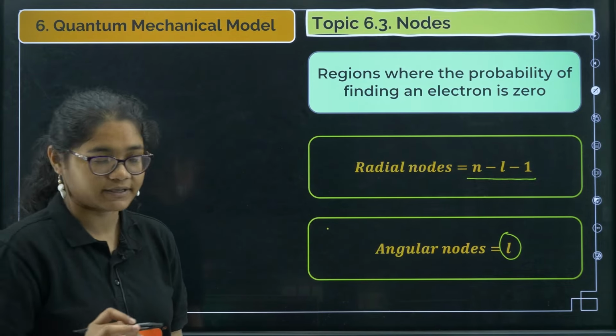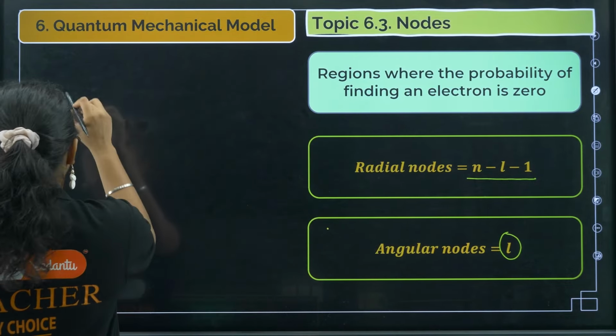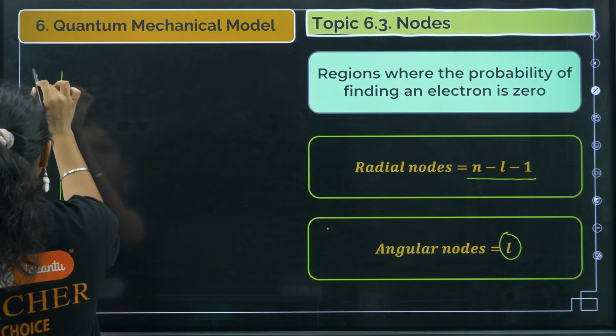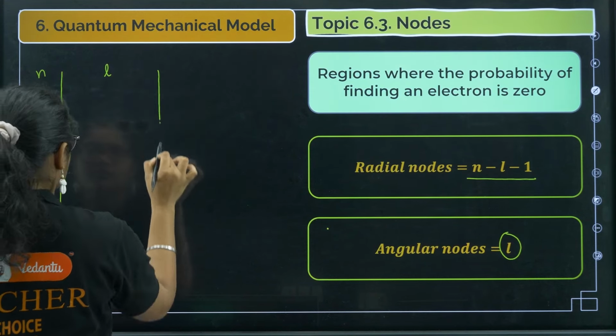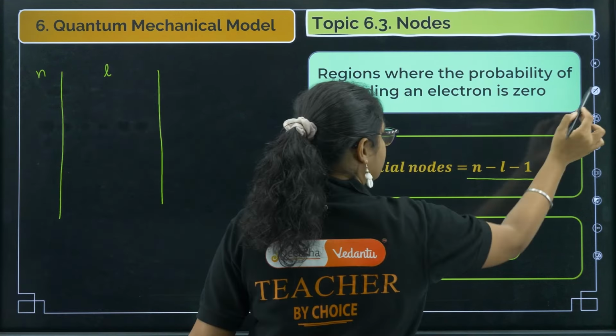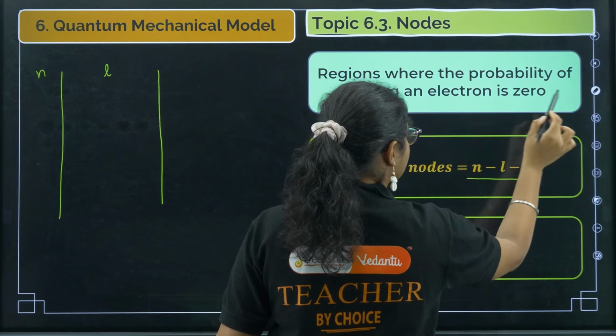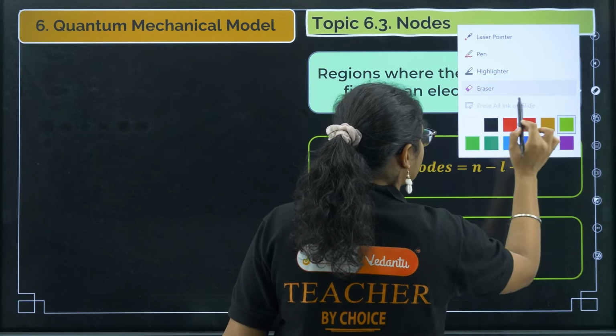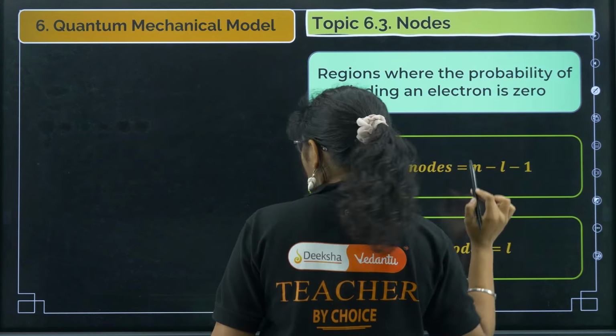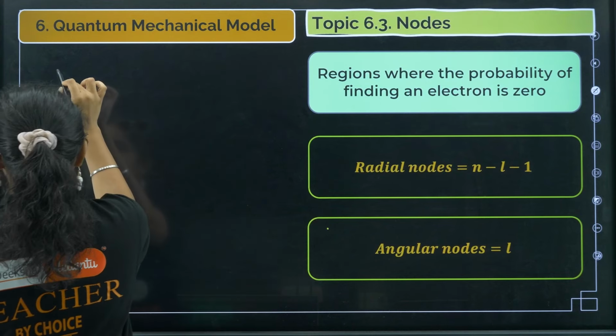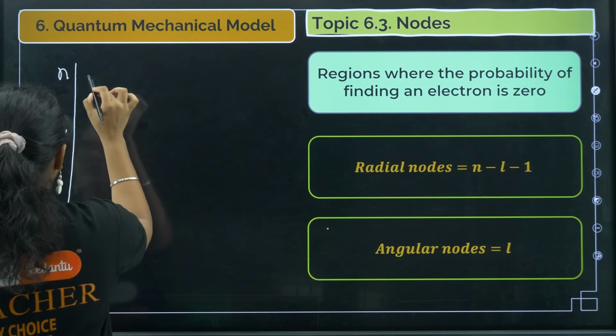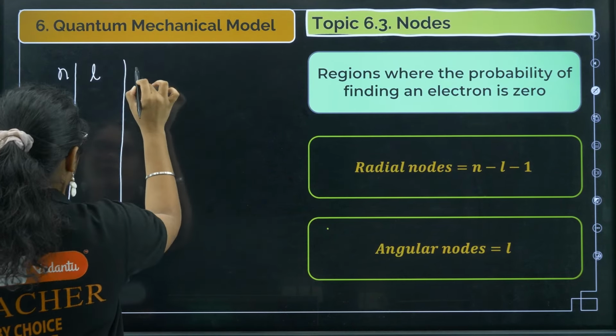Once again we'll revise the quantum numbers here. I'll write it once again, so that if any one of you hasn't understood till now, it will be clear. It's a little complicated, but not very difficult. So you have N, you have L, and you have ML.